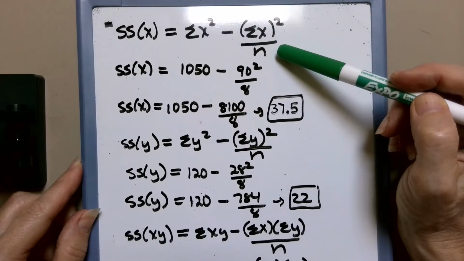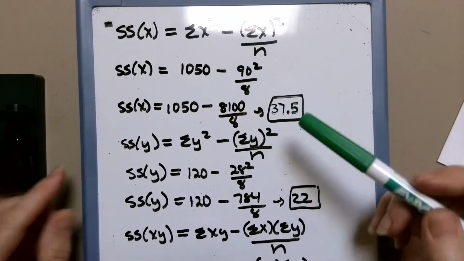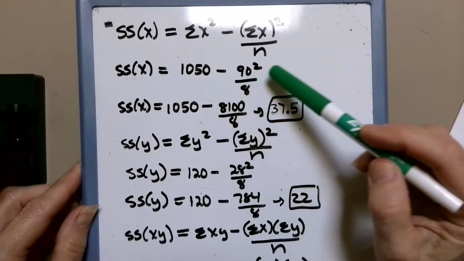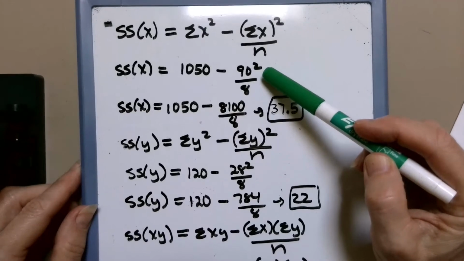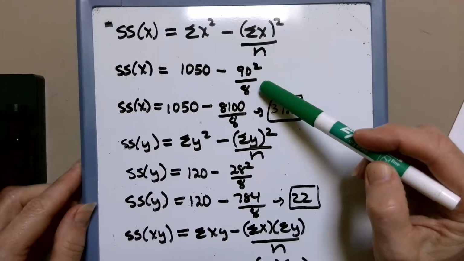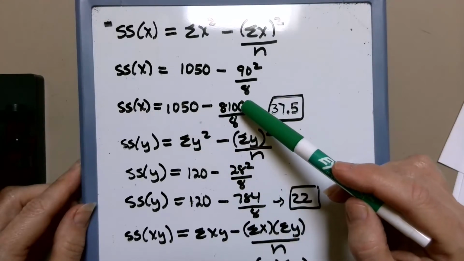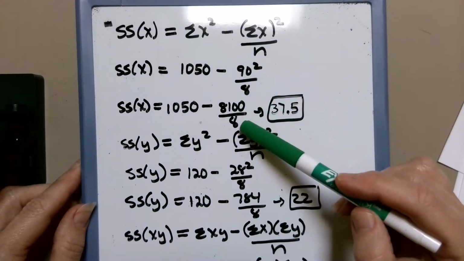From our previous board, the sum of the X squared column was 1050, minus the sum of the X column, which was 90. We square that and divide by 8, which is n. So that's 1050 minus 90 squared, 8100, divided by 8.